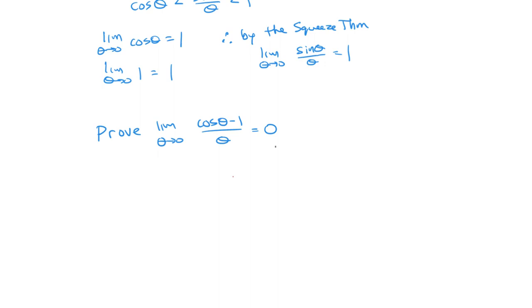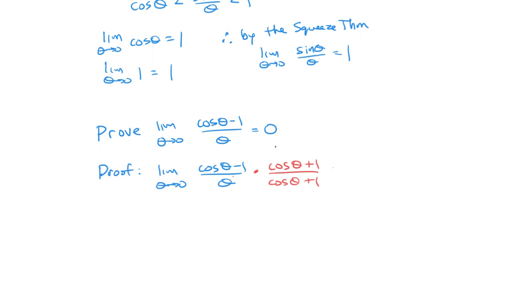So here is the proof. It's not exactly what we've done, but if we take the limit as theta approaches 0 of cosine theta minus 1 over theta, and we get 0 over 0, we're going to multiply by this 1, and it's going to feel sort of like the conjugate. It's the same sort of idea. And it'll just happen to work for us in this case.